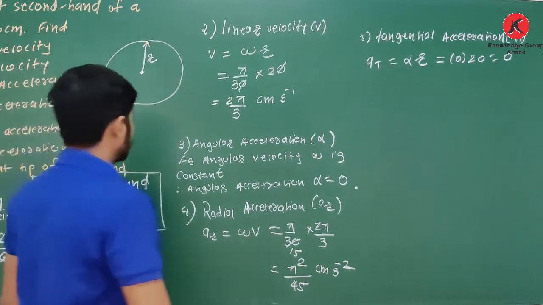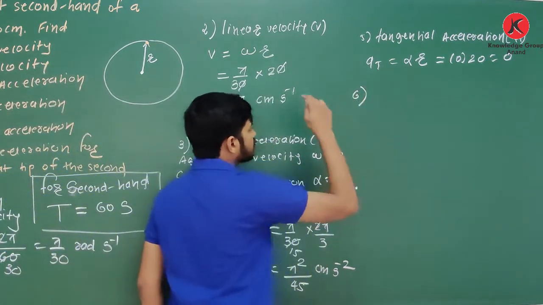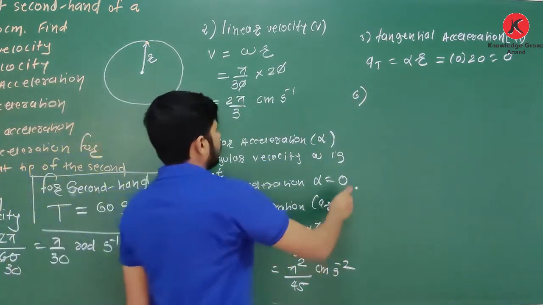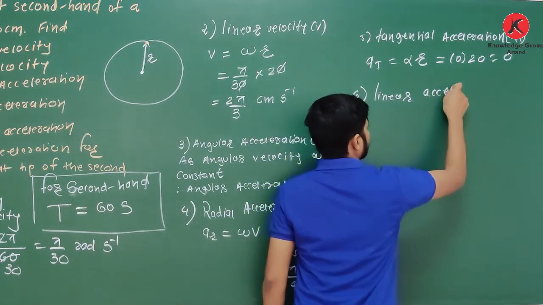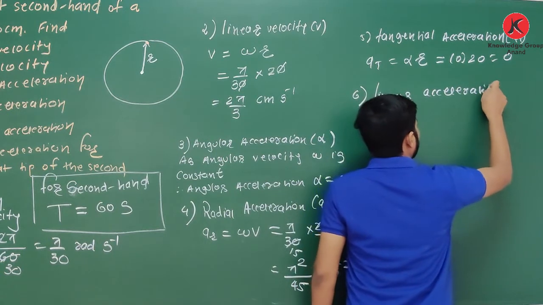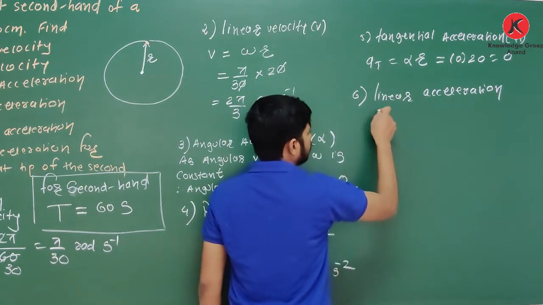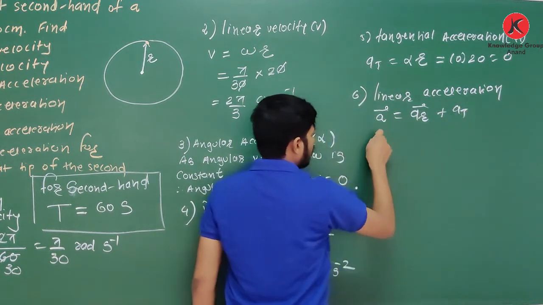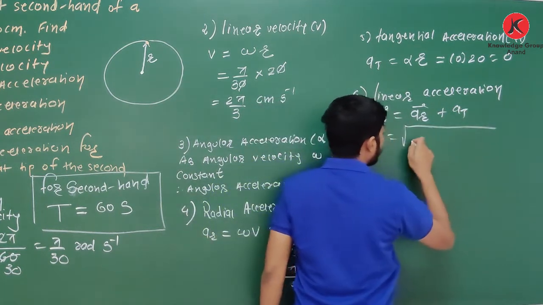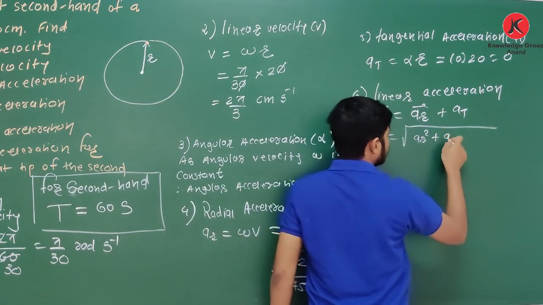Now the last one is number 6, what is linear acceleration? The equation of linear acceleration is A is equal to AR plus AT, as vectors, meaning A is equal to under root AR square plus AT square.